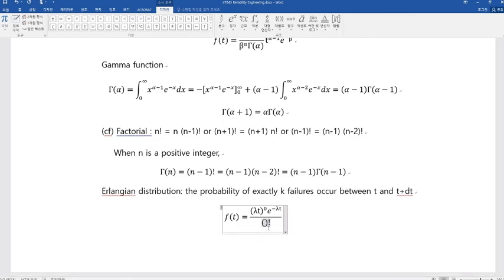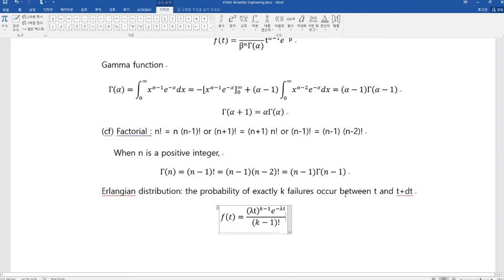So instead of 0, I'm going to place k minus 1. So instead of lambda t to the power 0, lambda t to the power k minus 1, exponential minus lambda t. This would be the probability that exactly k minus 1 failures occur prior to time t.